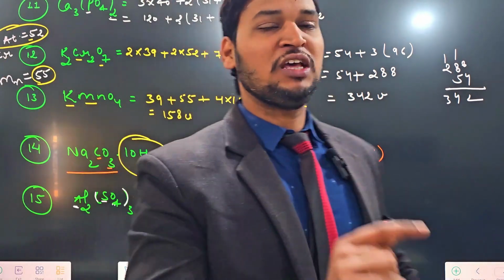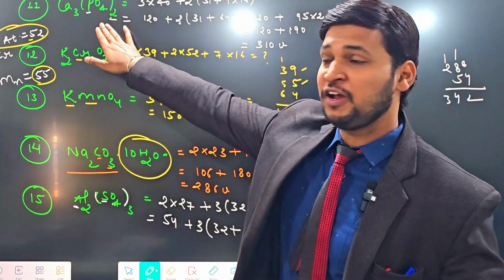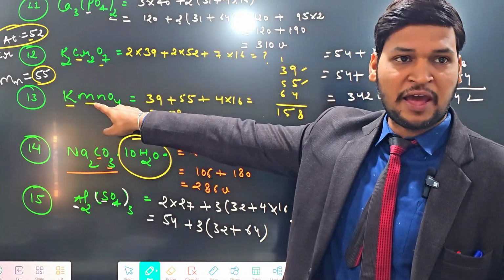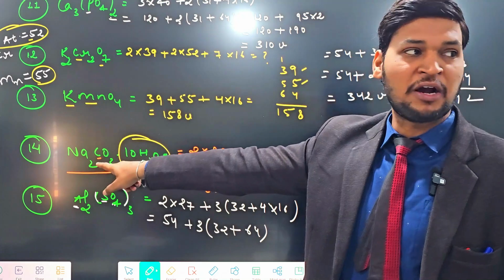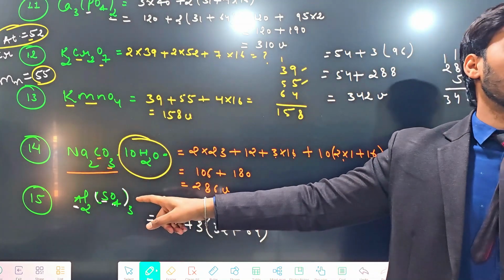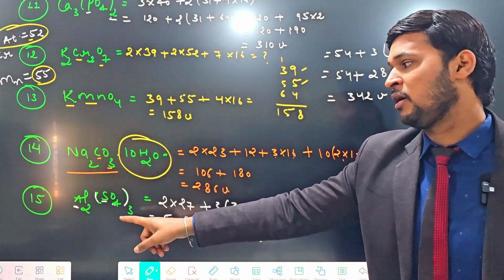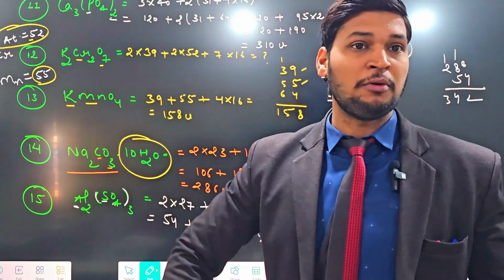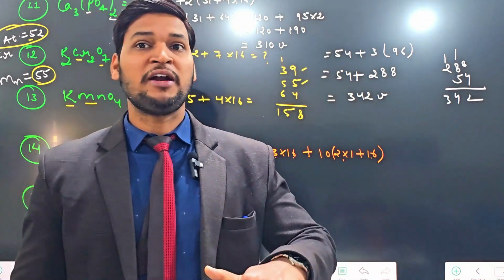Right? Let me tell you the names of these compounds, beta. Calcium phosphate, potassium dichromate, potassium permanganate, sodium carbonate decahydrate. Deca is used for this number 10. And aluminium sulfate. Last one thing, do you remember, because of what I told you, to remind me of this?